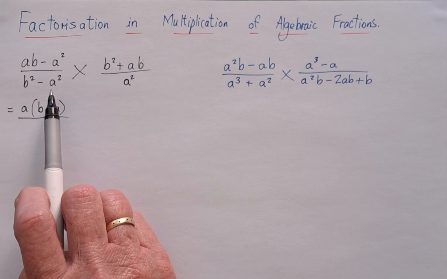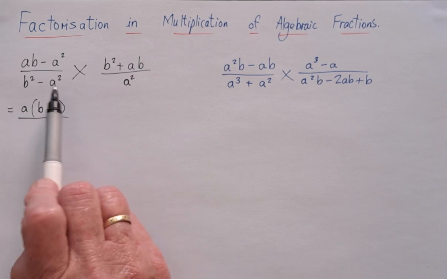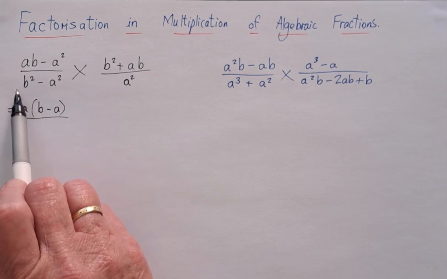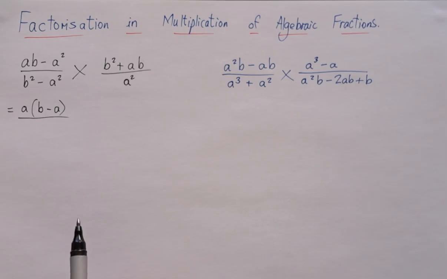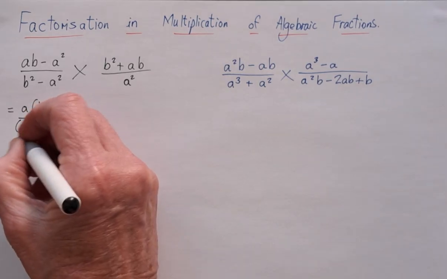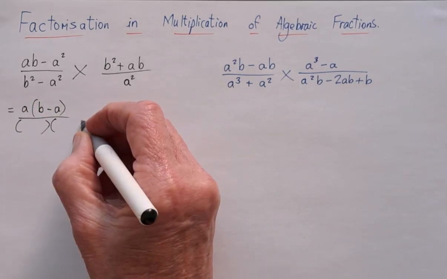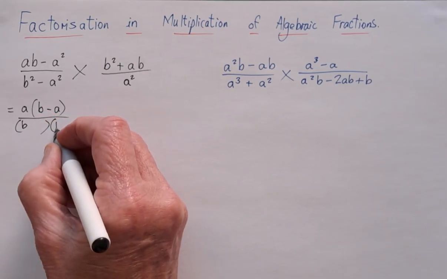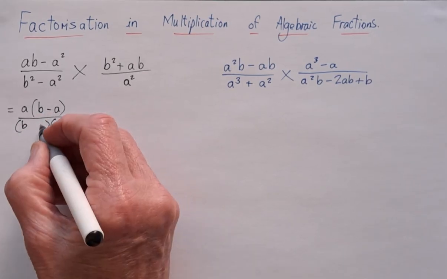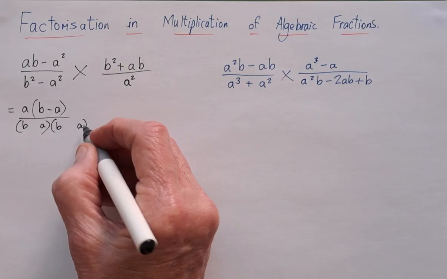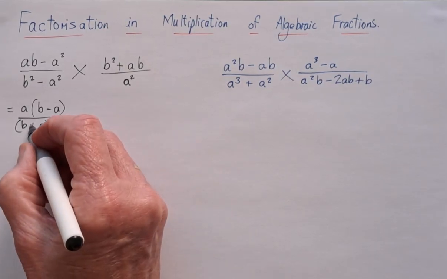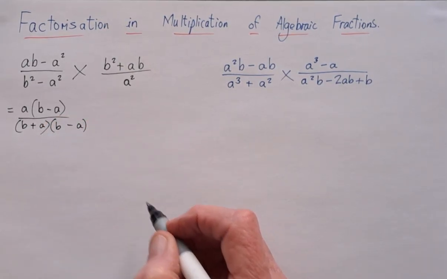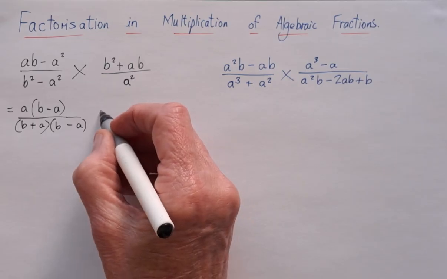I hope by this stage you're noticing straight away two terms, a minus sign, perfect square, so we have difference of two squares. So it's going to factorize into two brackets. Square root of b squared is b, square root of a squared is a, and then remember with difference of two squares, one bracket gets a plus and the other bracket gets a minus.